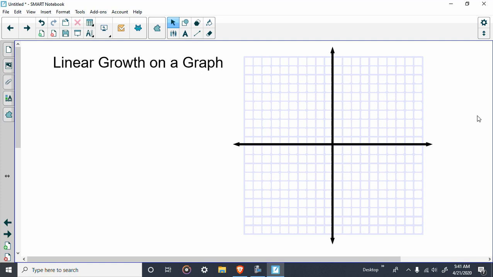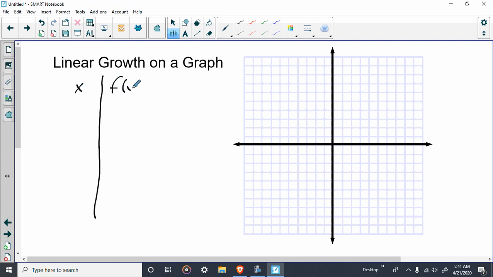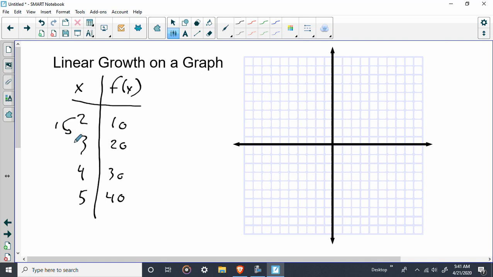And we talked about what linear growth looks like in a table, right? If we were given a table of values, x and f of x, which is our new y, and we saw something like x = 2, 3, 4, 5 and f of x = 10, 20, 30, 40, that this was linear, because x was going up by 1 and these were all going up by the same number, which was 10.